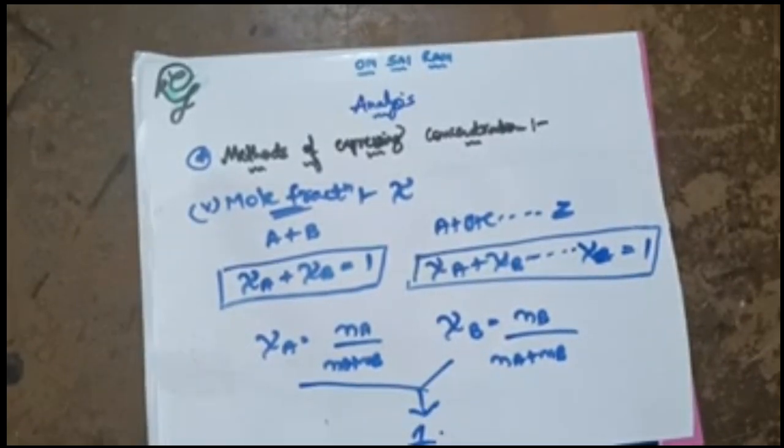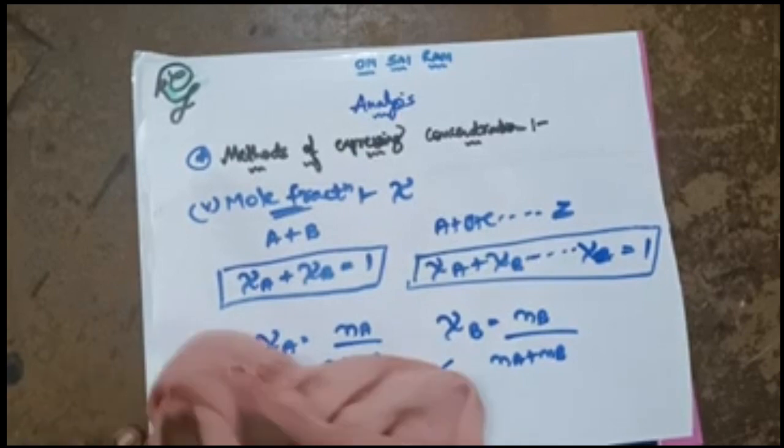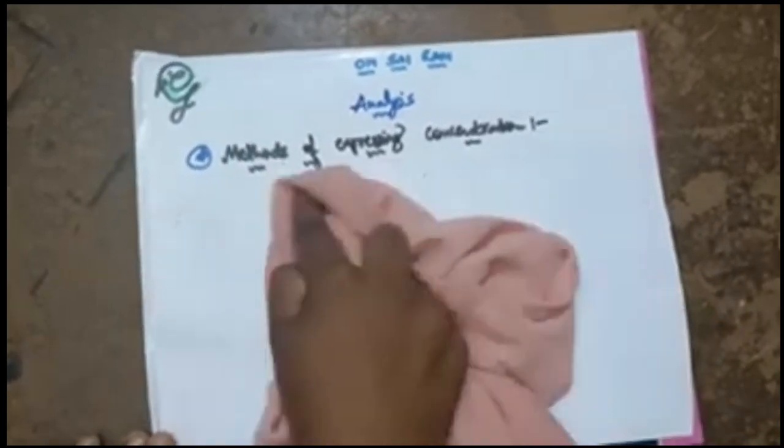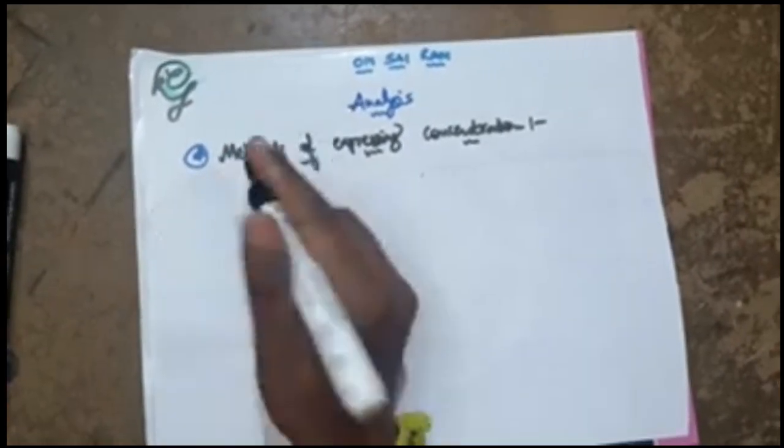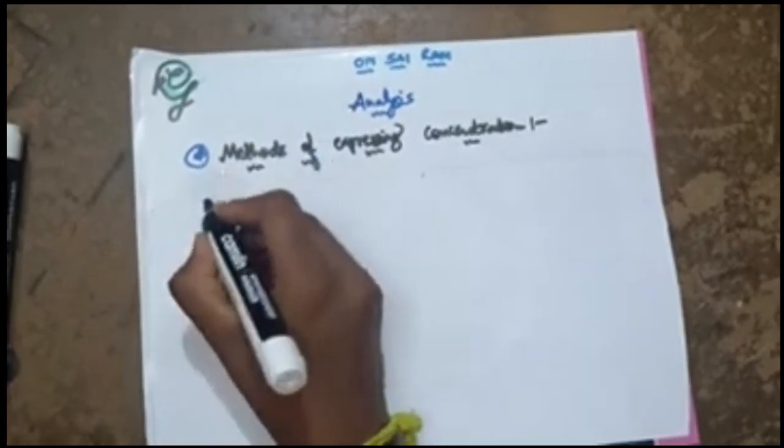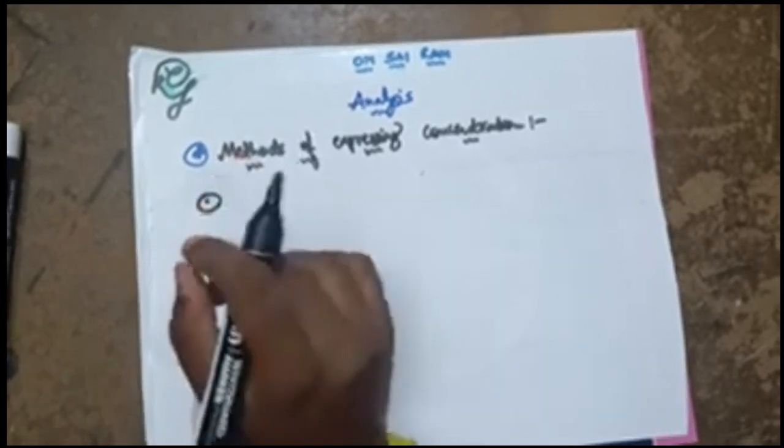Okay, so these are the five methods of expressing concentration. I'll explain two problems.